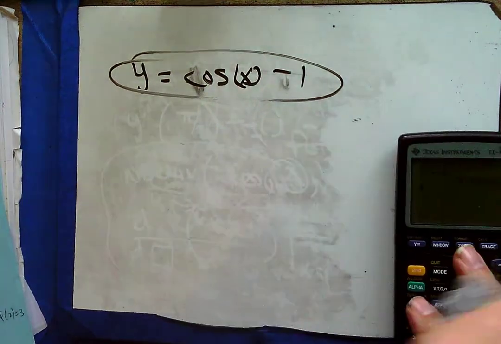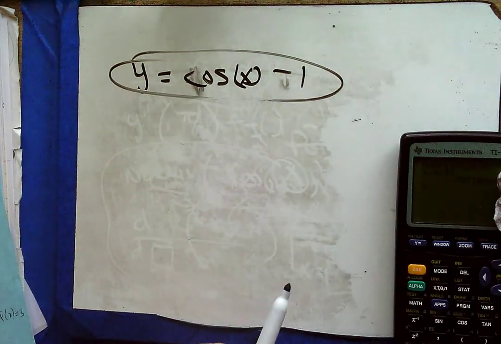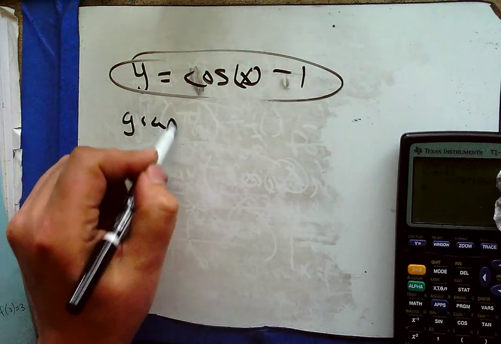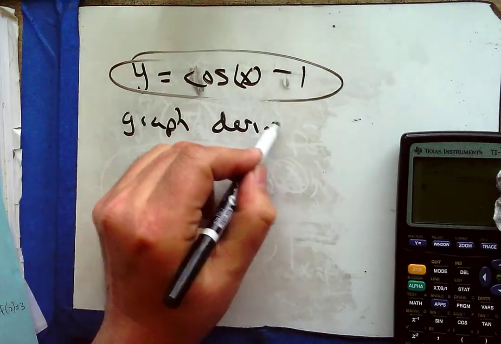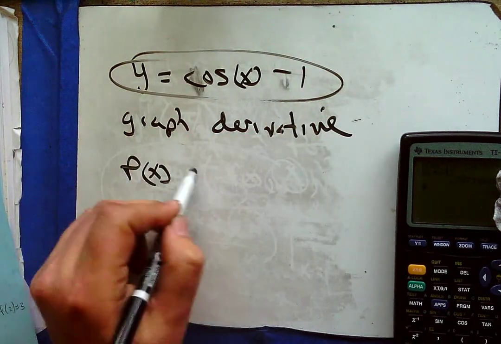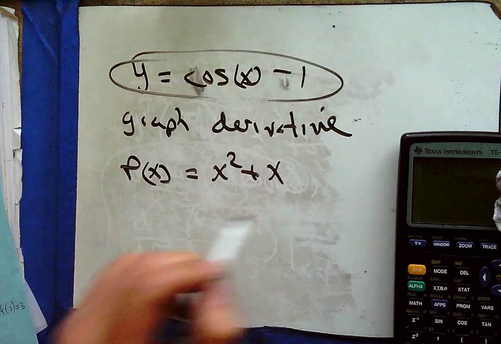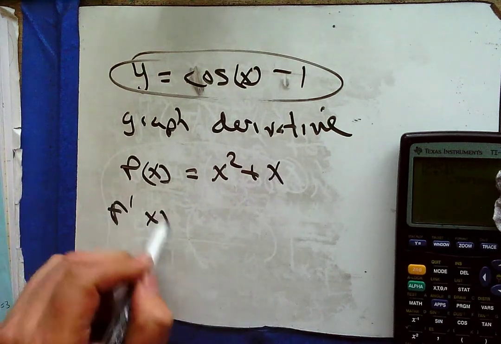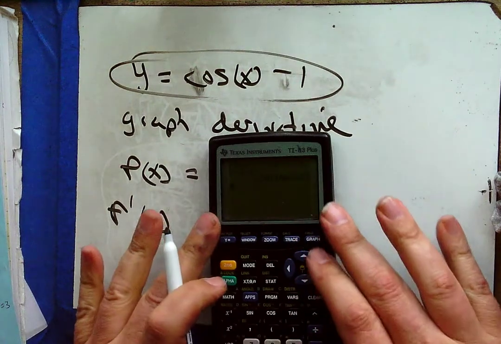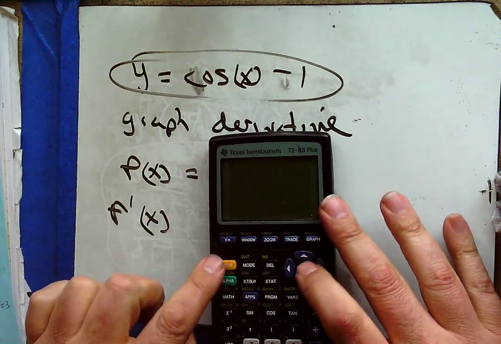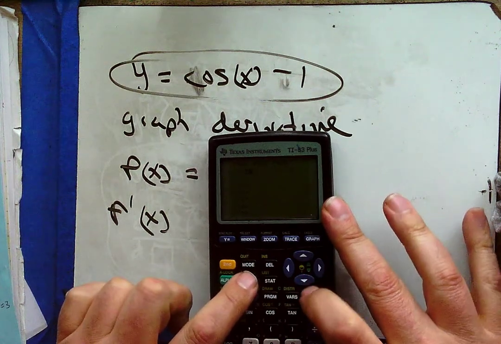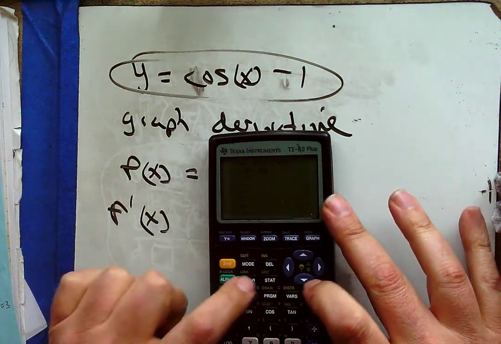But actually, it's not evaluate a derivative that I want to do right now. It's graph a derivative. Okay, so earlier we were talking about this function, x squared plus x. And let's say I want a graph of f prime of x. Go to y equals, type in x squared plus x.